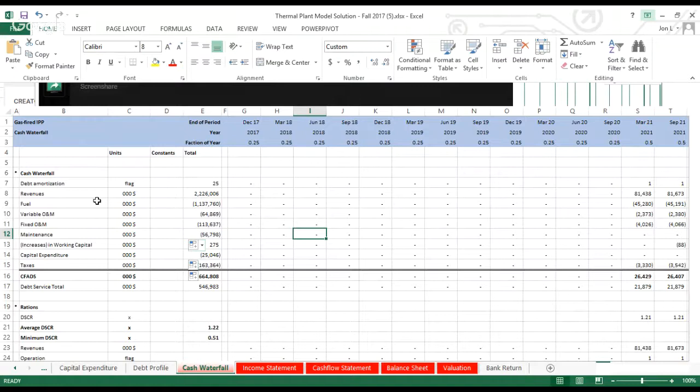And here we simplify it just because it's an introductory class. So just fuel, variable O&M, fixed O&M, and maintenance. You actually do need all these things to generate the energy revenue, and we bake in the business costs in the variable and fixed, like the salaries and stuff. So all this comes from the operations tab.